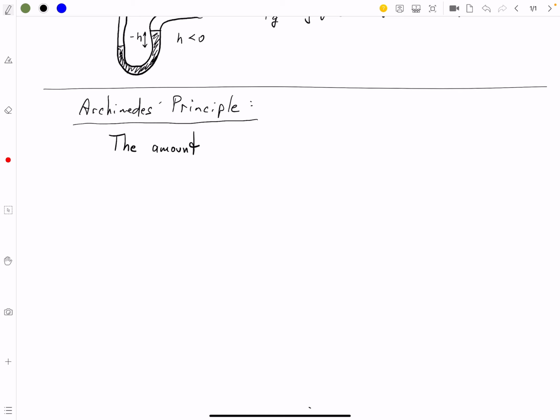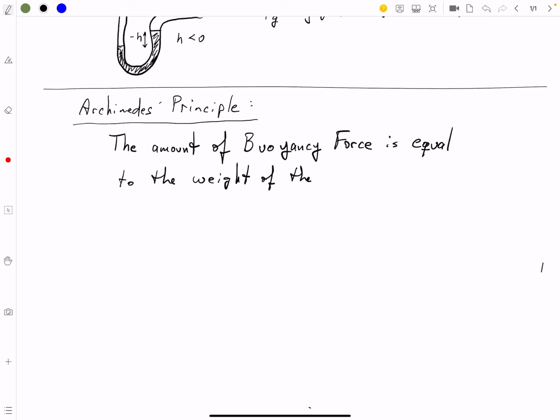What's up? So, the amount of buoyancy force is equal to the weight of the fluid displaced.